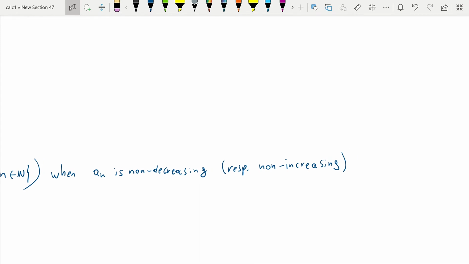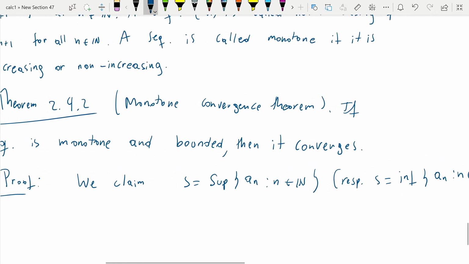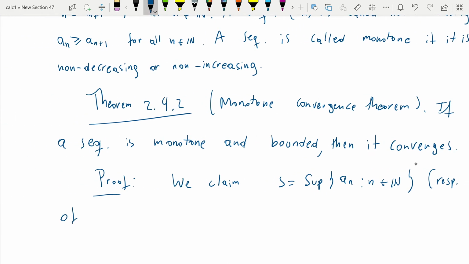So we claim that S is actually the limit of the sequence.